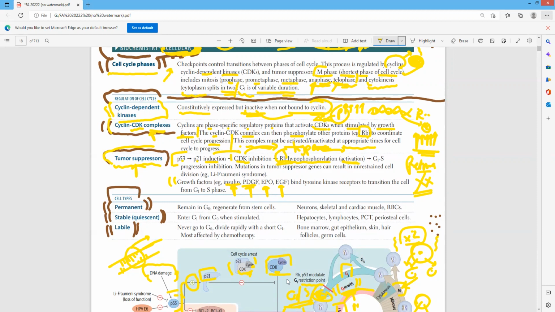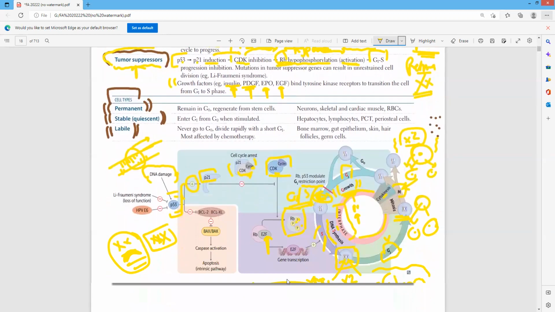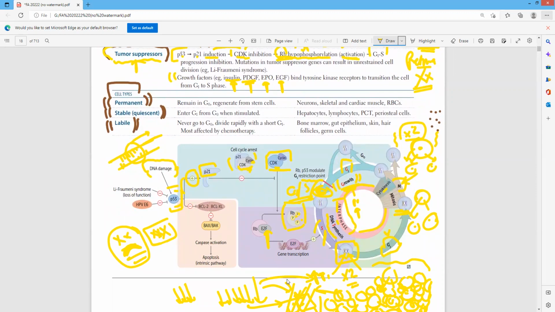And when it makes it inactive, you can progress from G1 to S, or DNA synthesis, because E2F induces gene transcription for proteins that help in DNA synthesis and complete the cycle. So retinoblastoma attaches to E2F to inhibit that.